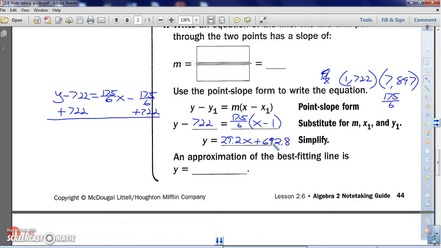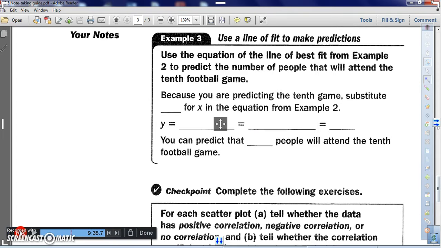Okay, so our approximate best fitting line is y is about 29.2 times x plus 692.8. So that's the equation of the line that best goes through those points.